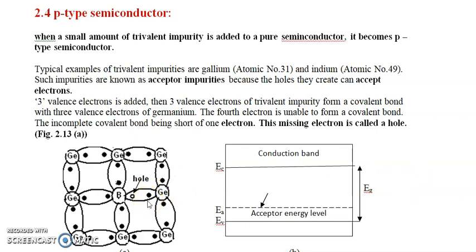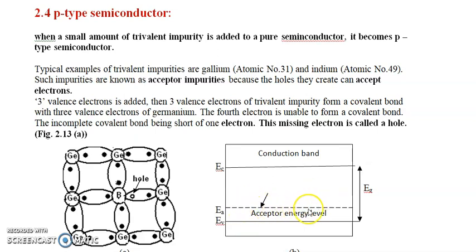The energy level corresponding to the hole is called the acceptor level. This energy level is just above the valence band. If you apply a small amount of energy to an electron in the valence band, it will jump to the acceptor level.